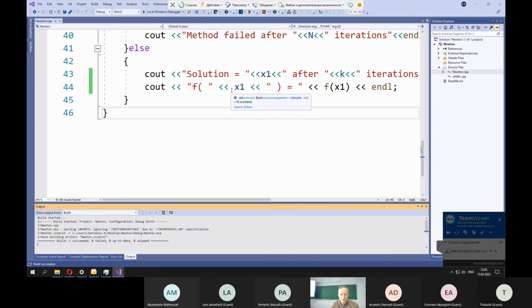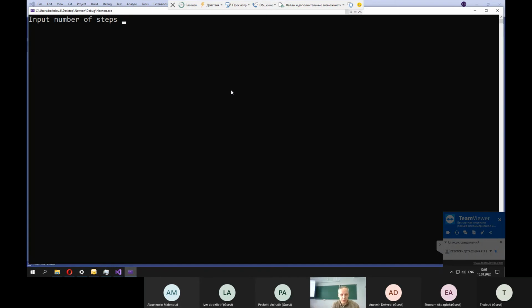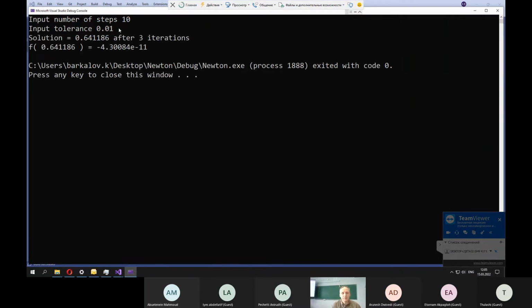Let's use another tolerance, for example, number of steps 10 and tolerance 0.01. We have just 3 iterations and the value of the function is 10 power minus 11.